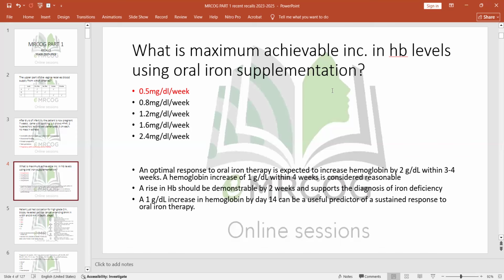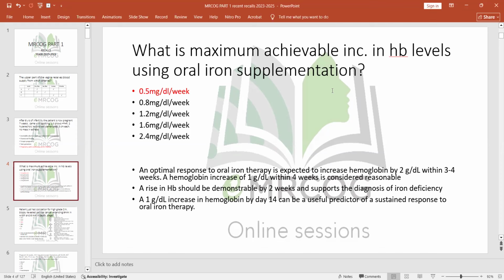What would be your first or initial investigation for diagnosing iron deficiency anemia? I'm going to tell you this. The diagnostic investigation would be a trial of oral iron, because mostly microcytic hypochromic anemia in pregnant patients is because of iron deficiency.